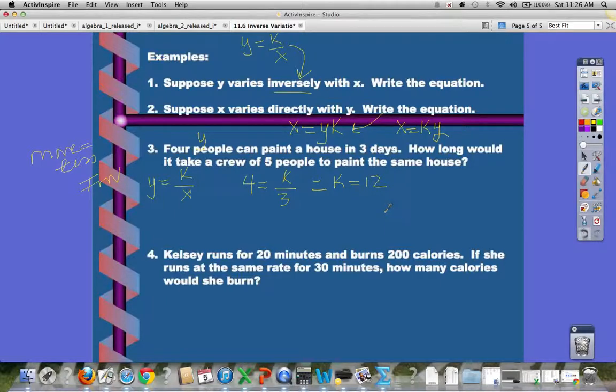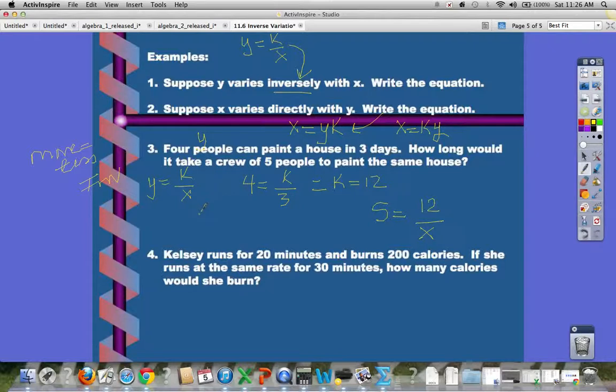Now it says, how long would it take a crew of 5 people? Okay, so 5 people, and we know what k is now, and we don't know how long. So we have 5 people equals 12 divided by x. So let's see, it takes 5 people to paint the same house. And we've got 12. And let's see, we're going to now multiply.